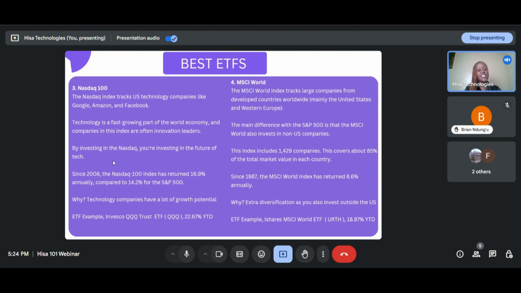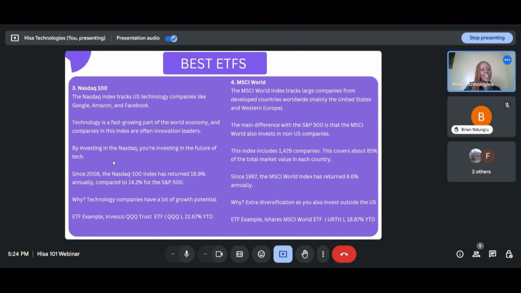The last index that we will be looking at in this session is the MSCI World. Now, the MSCI World Index tracks large companies from developed countries worldwide. Unlike the S&P 500, which tracks big American companies, the MSCI World Index tracks both American and non-American companies.